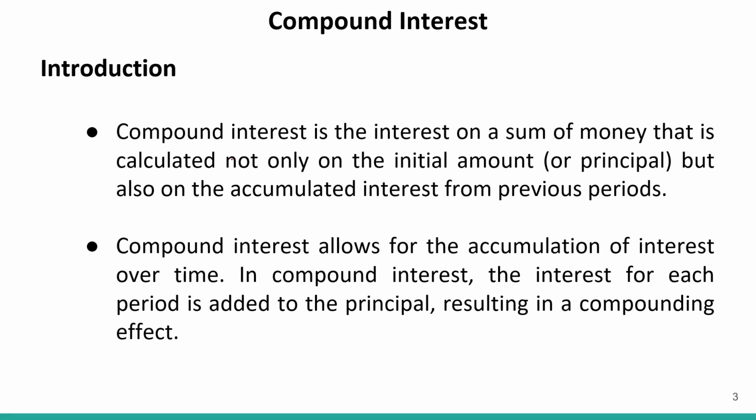Let's see what compound interest is and how it is different from simple interest that we have already studied. Compound interest is interest on a sum of money that is calculated not only on the initial amount. Interest is calculated after each term or interval, because in simple interest the interest was calculated only on the initial amount.